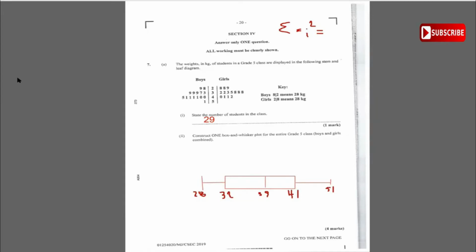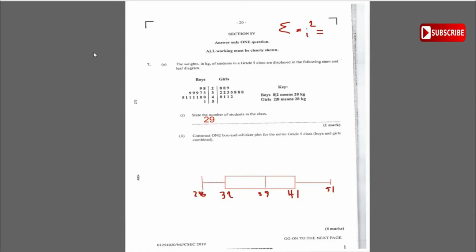Plus 41 squared plus 40 squared plus 40 squared plus 40 squared plus 41 squared plus 41 squared plus 42 squared plus 51 squared.